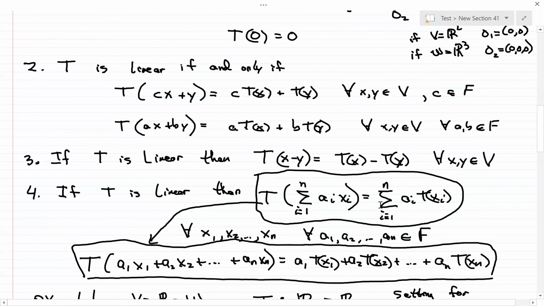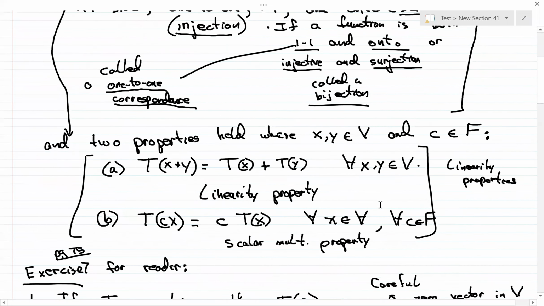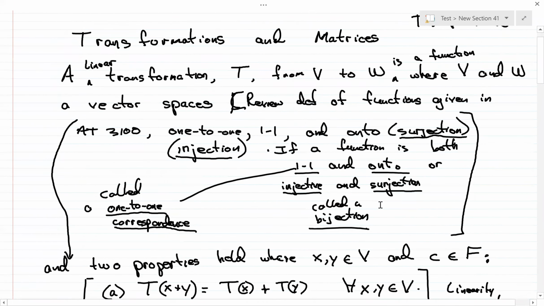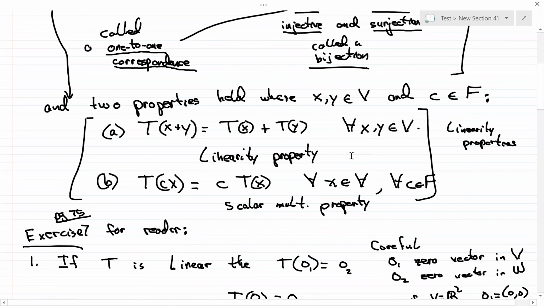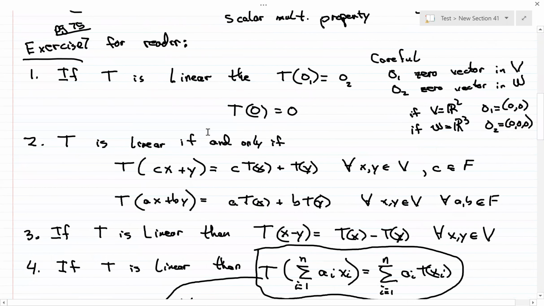Sort of a starting point, right? The main idea was to find what it means to be a linear transformation between two vector spaces. It had some defining properties, these two. Had these other properties, which are supposed to follow from the first two.